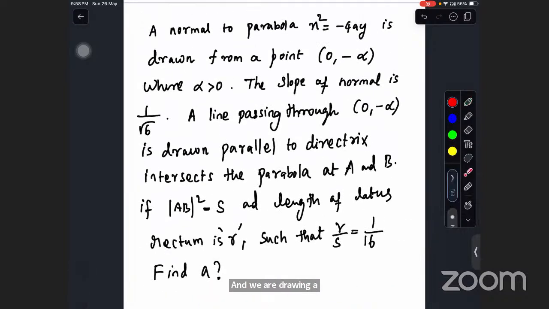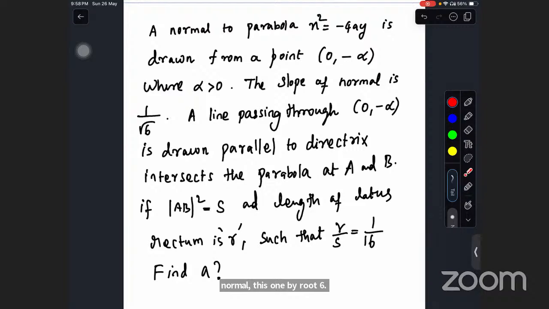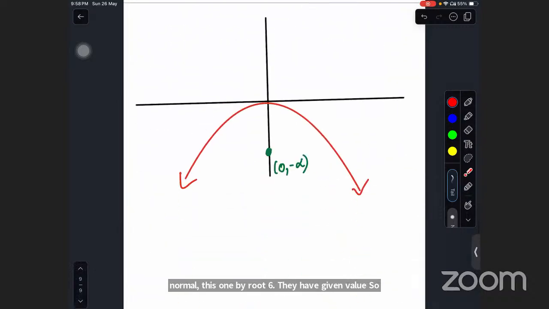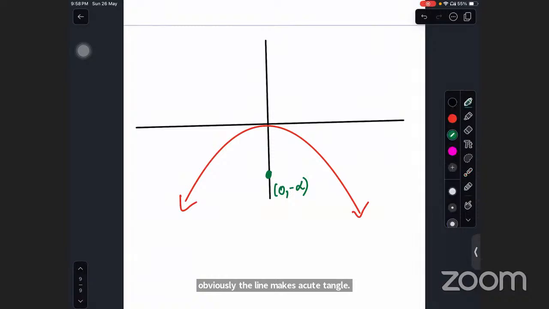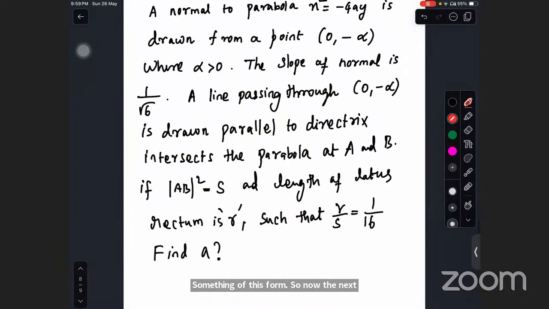You can see the slope of the normal is 1 by root 6. They have given a positive value, so obviously the line makes an acute angle. So the normal could be something of this form.